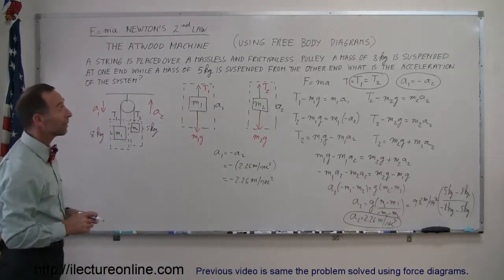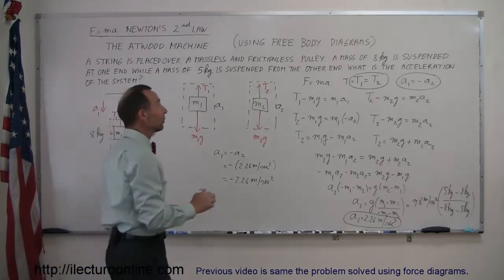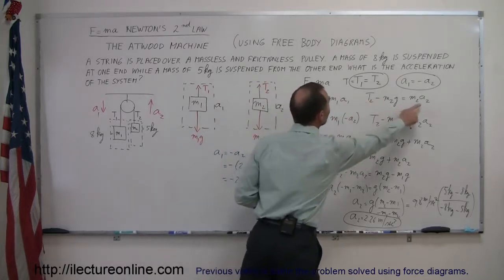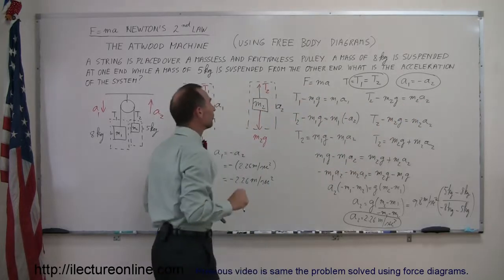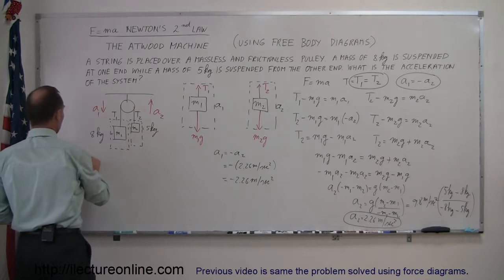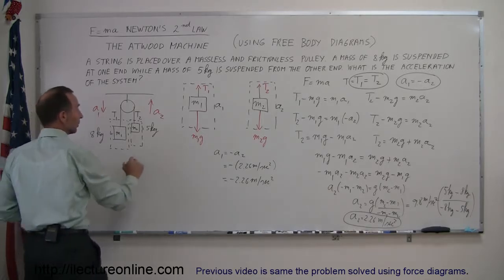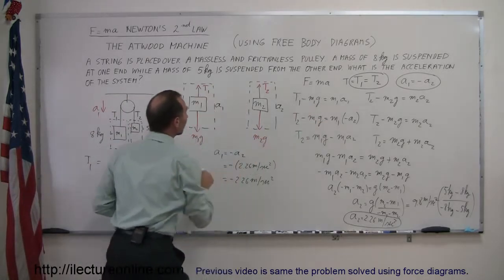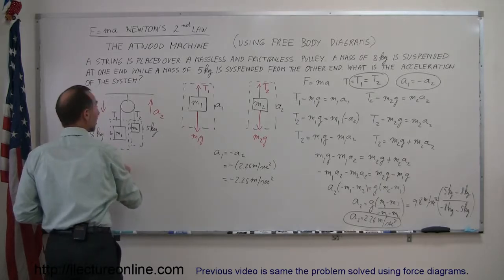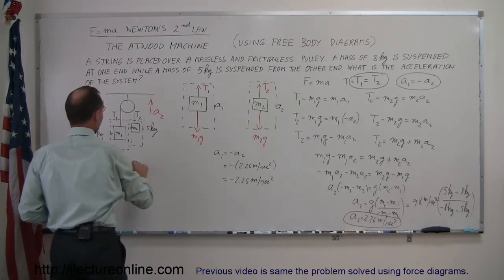If we now want to find out what the tensions are in each case, since we now know what A1 is equal to and we know what A2 is equal to, we can then solve for T1 and T2. So T1 is equal to, when we move the M1G over to the other side, a positive M1G plus M1A.